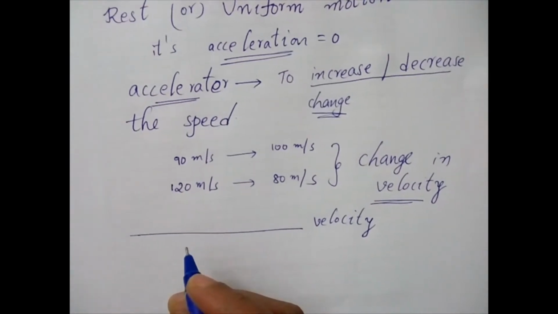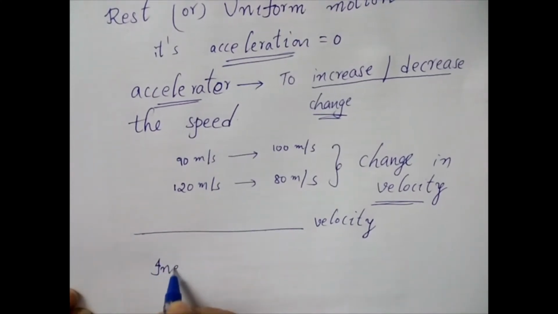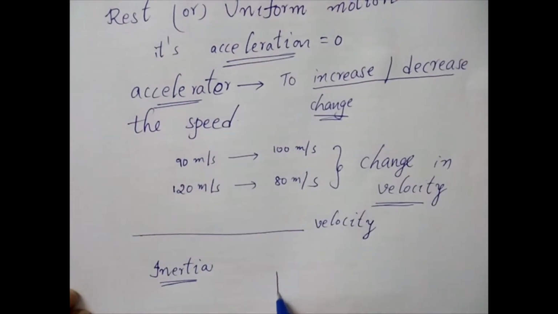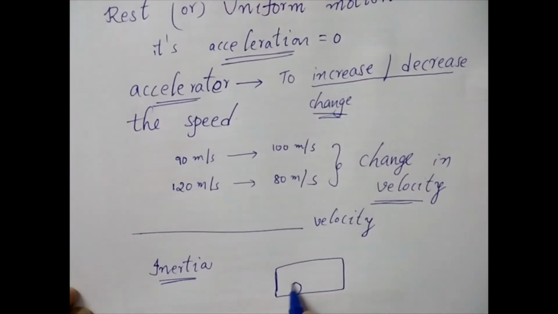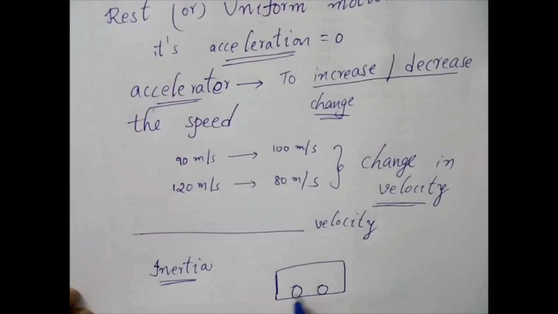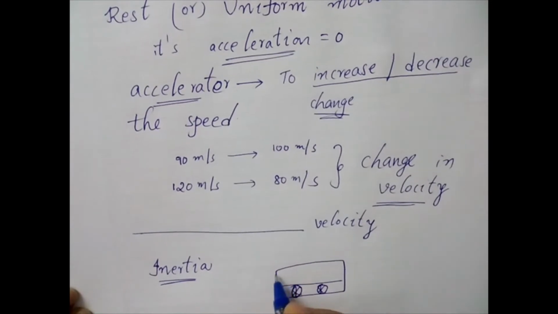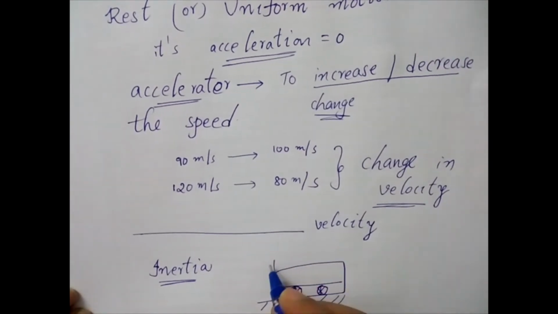Now, inertia. What is inertia? Why have I told you this term inertia for these examples? Because when you were traveling in the bus, for example, there is a bus on the road, the bus is going.